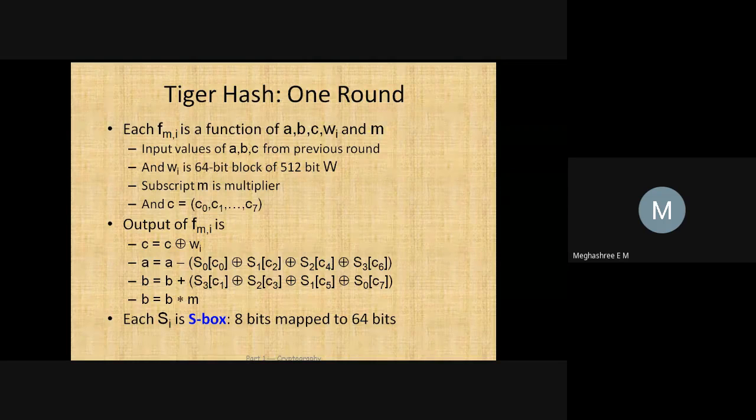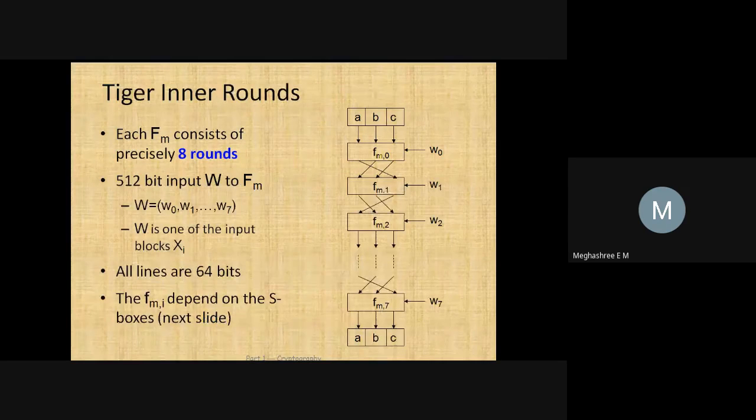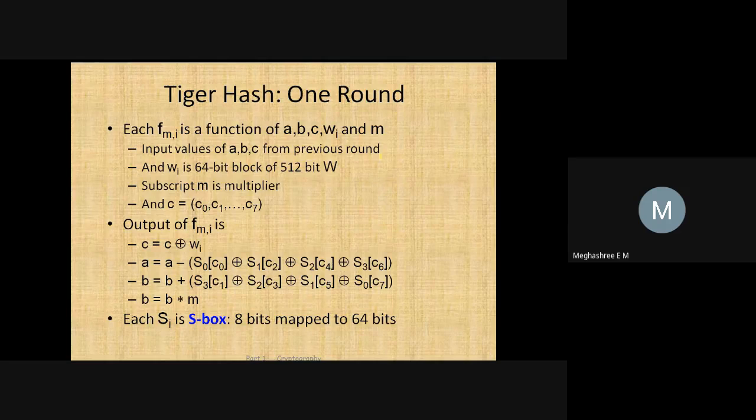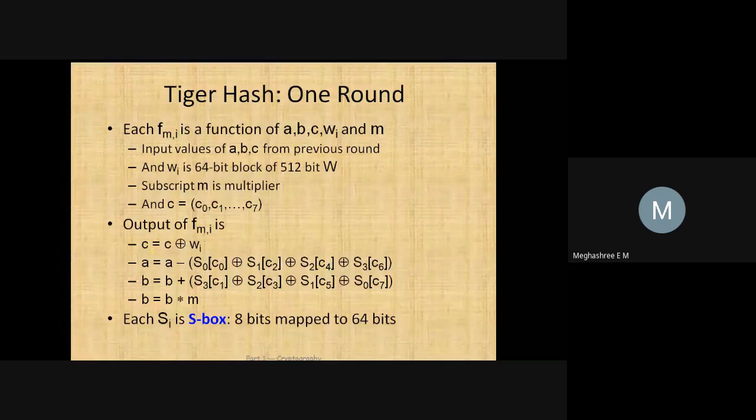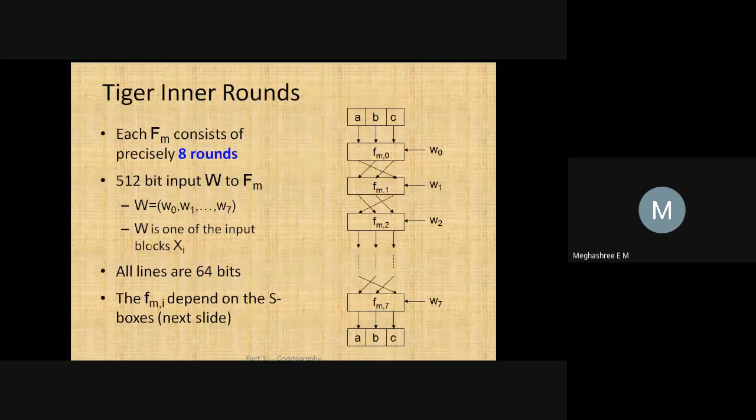And subscript m here is a multiplier. And whatever C I considered in the previous slide takes the series from C0 to C7. So the output of Fm,i is represented with the help of this calculation. Here you can see the output is A, B, C. How is C calculated?